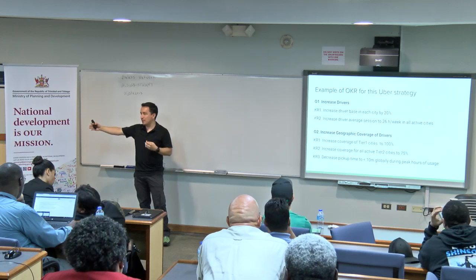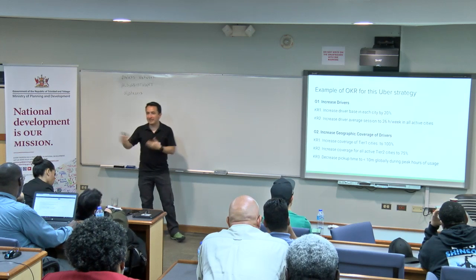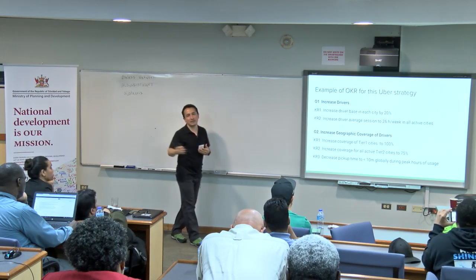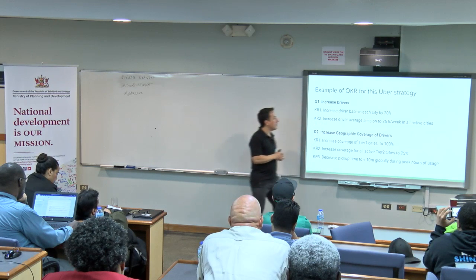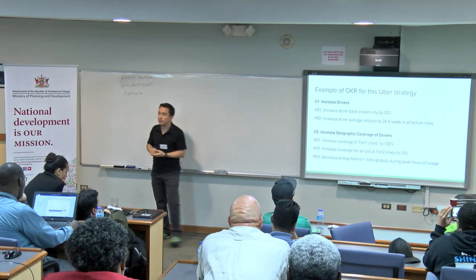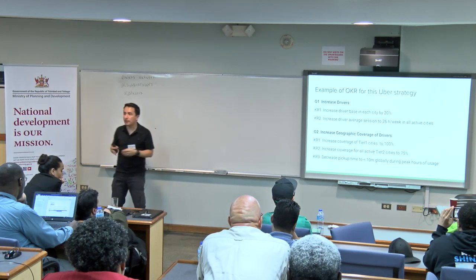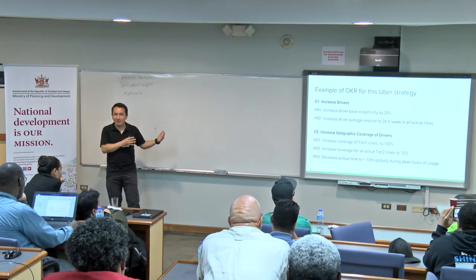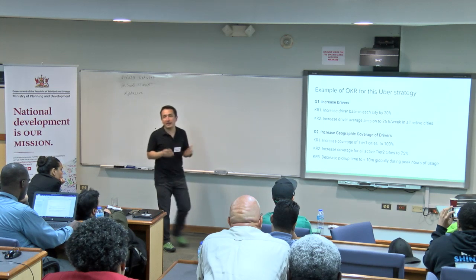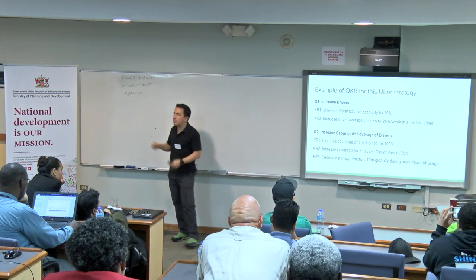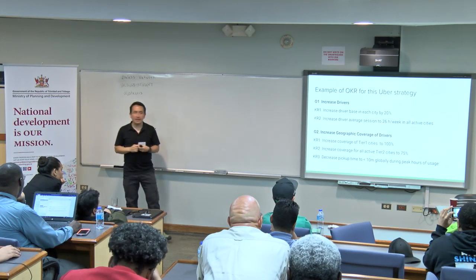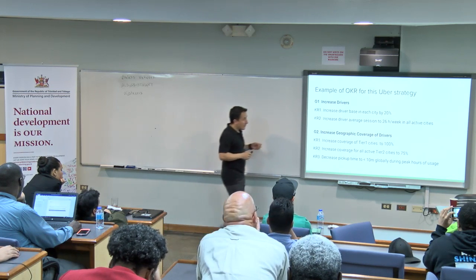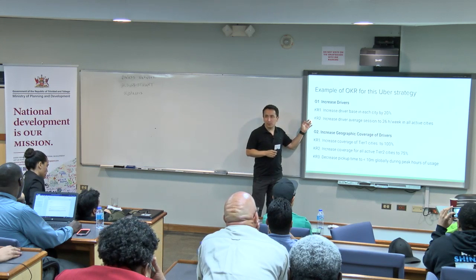We know how many we'll have by end of year. It's super easy to know if we reach the target or not. The key result 2 could be increase driver average session to 26 hours per week. I don't know how many hours per week they had before, but I'm assuming probably it was 18, and the drivers were not happy because they had a lot of time waiting without a ride. So this is also very easy to do.